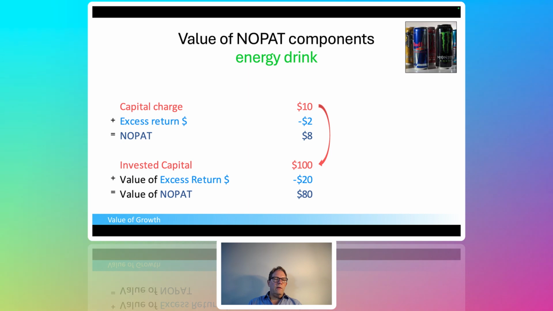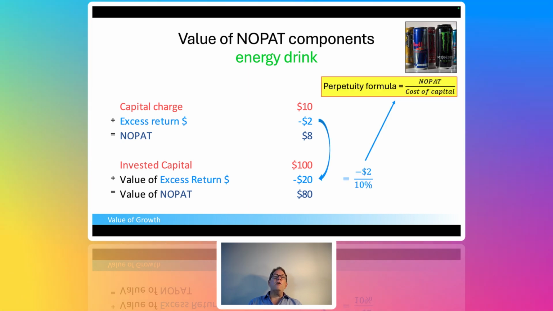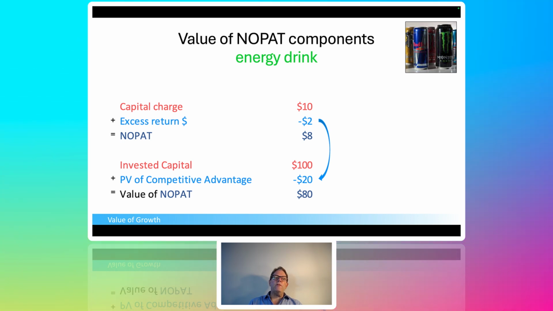And that's our invested capital. The value of the excess returns, now that excess returns in dollars are negative, is -2 divided by 10%, or -20 million. And that's our present value of competitive advantage, which is negative. This company has a negative competitive advantage. The returns on the investment are less than the cost of capital.